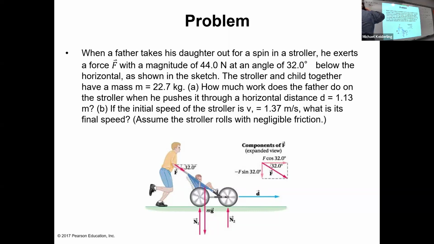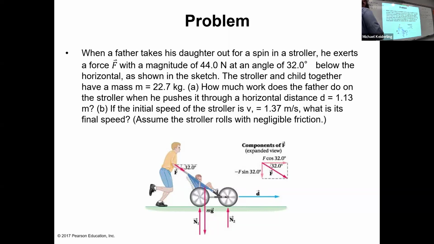The distance is 1.13 meters, and the angle between them is 32 degrees. So cosine of 32 degrees. And that comes out to a work of 42.2 joules. That's part A.